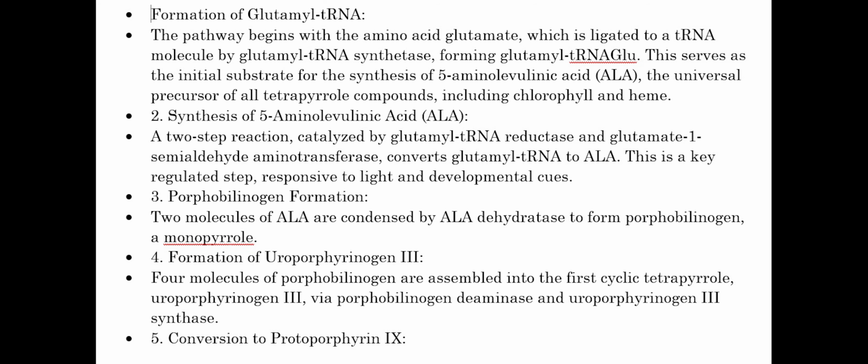And then formation of uroporphyrinogen III. Four molecules of porphobilinogen are assembled as the first cyclic tetrapyrrole, uroporphyrinogen III, via porphobilinogen deaminase and uroporphyrinogen III synthase.